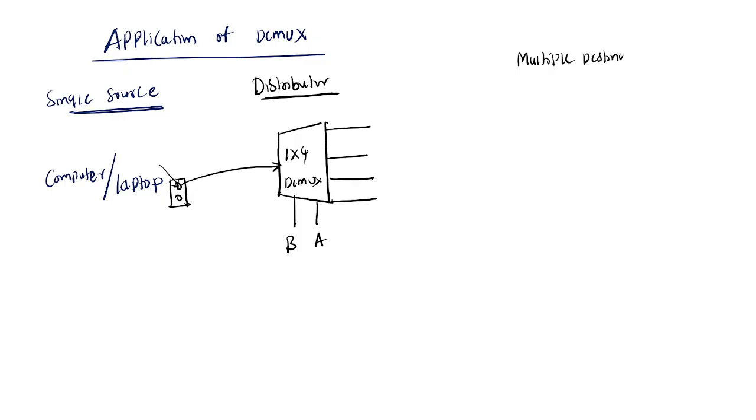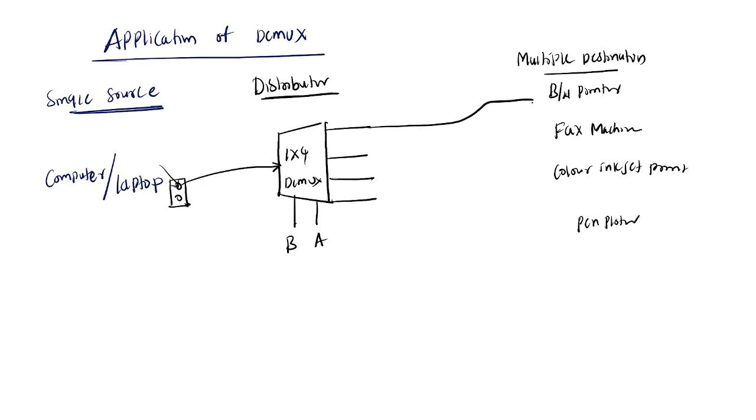Multiple destinations means you can have a black and white printer, or a fax machine, or a color inkjet printer, and next a pen plotter. These all are connected to these outputs.